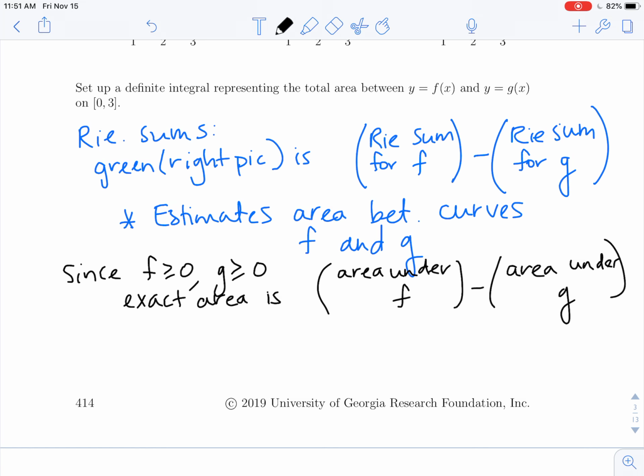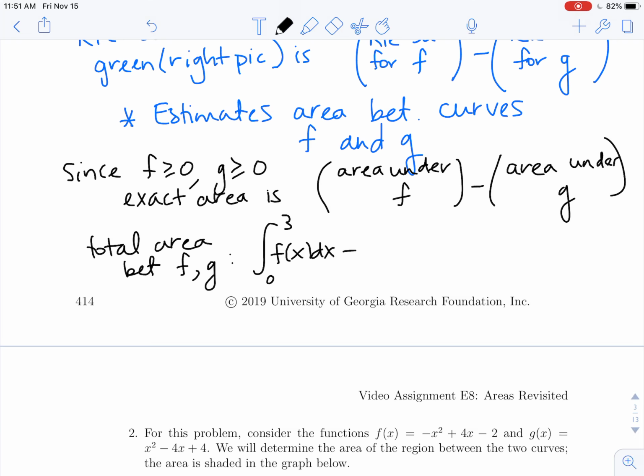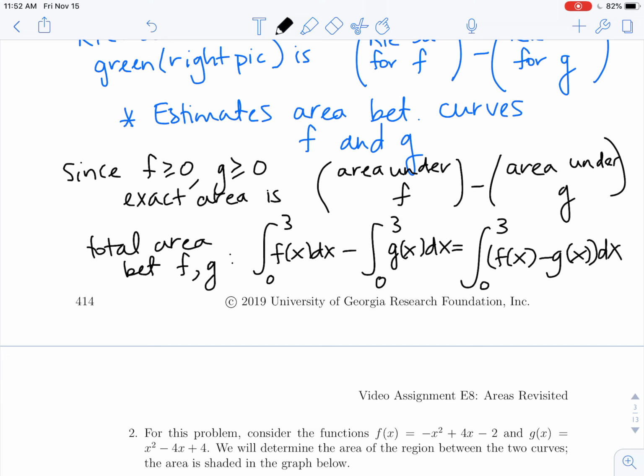And by area there, I do also mean exact area. And so the total area between the curves y equals f of x and y equals g of x is the same thing as the definite integral from 0 to 3 of f of x dx minus the definite integral from 0 to 3 of g of x dx, which is the same thing as the definite integral from 0 to 3 of f of x minus g of x dx.